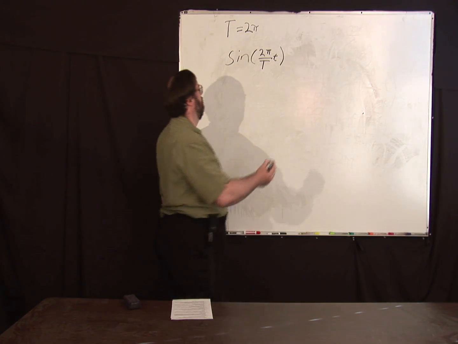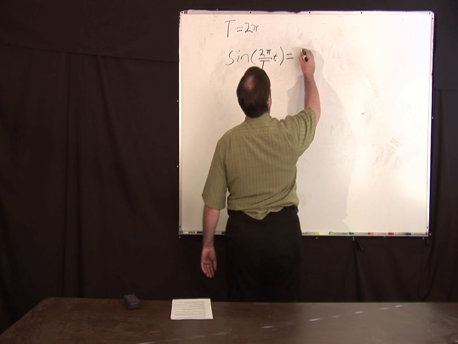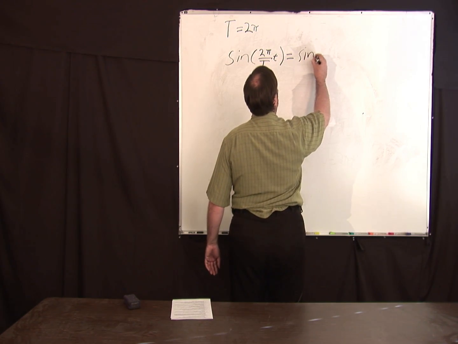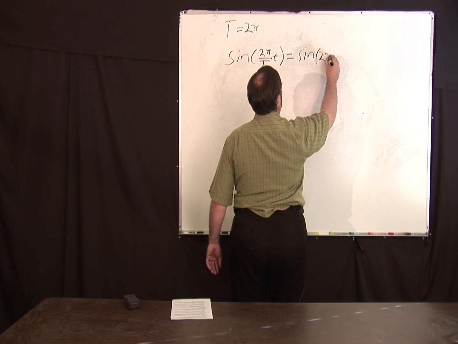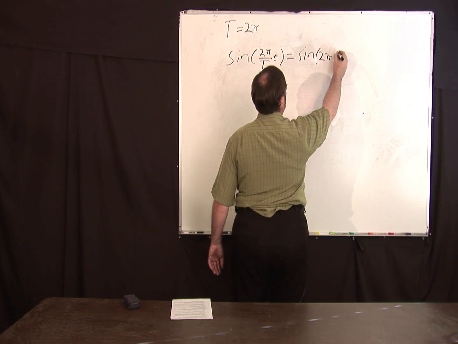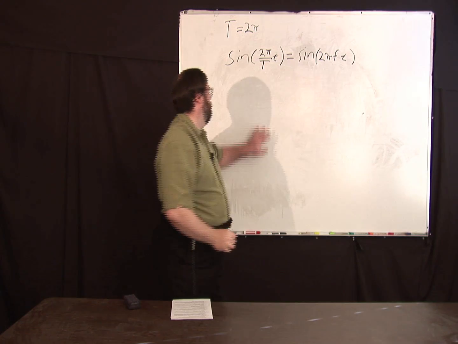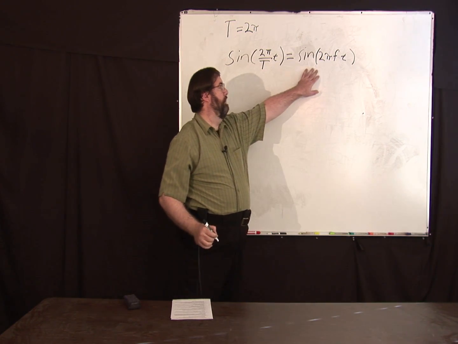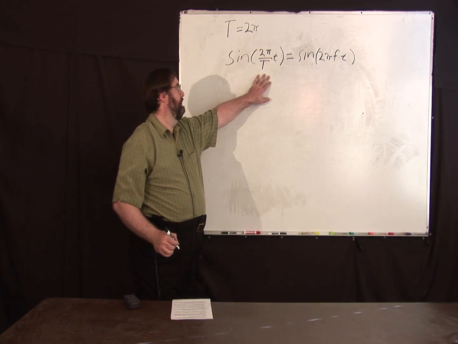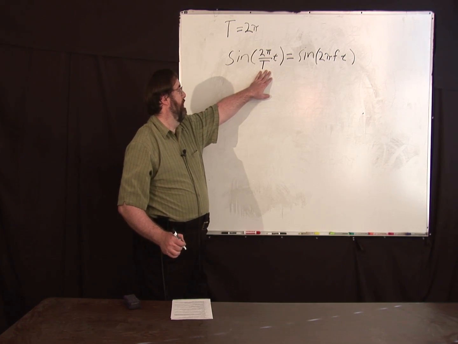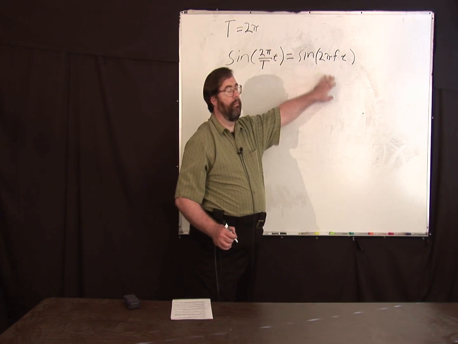Or you can use sine of 2 pi times the frequency, f, times t. Both of these represent the same function that's periodic with period T and frequency f.